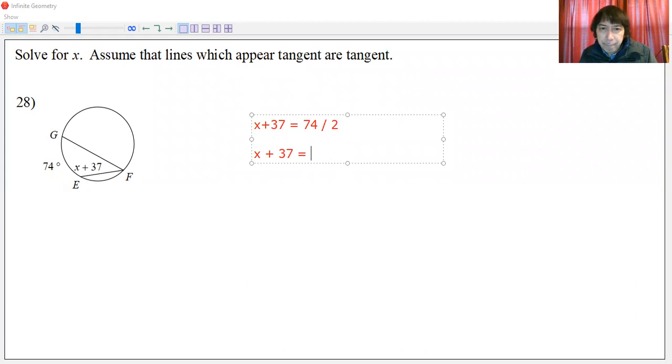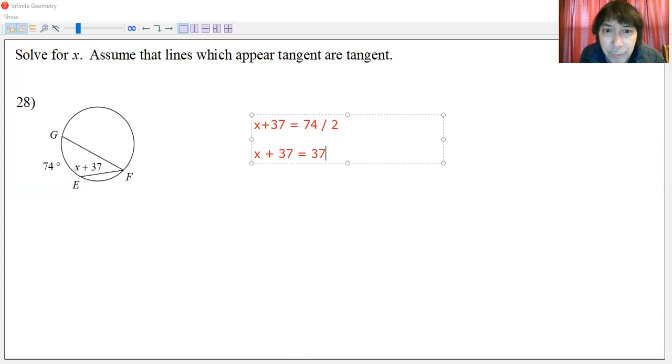How much is that? 38? No, that looks like 37. Yes, 37. 37 times 2 is 74. All right, so that's 37. And it looks like we have another 0 here.